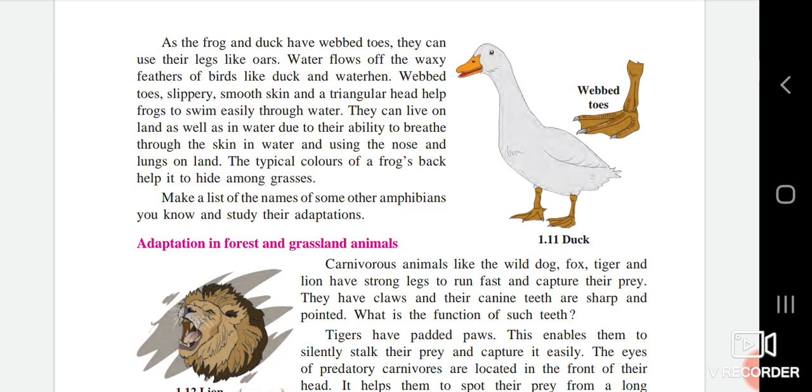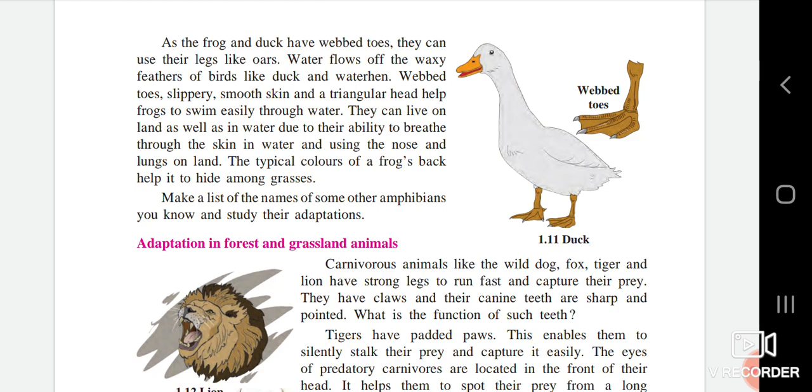Why? Because of their ability to breathe through the skin in water and using the nose and lungs on land. So when the frog is in the water, it uses its skin to breathe, and when it is on the land it uses its nose and lungs to breathe.